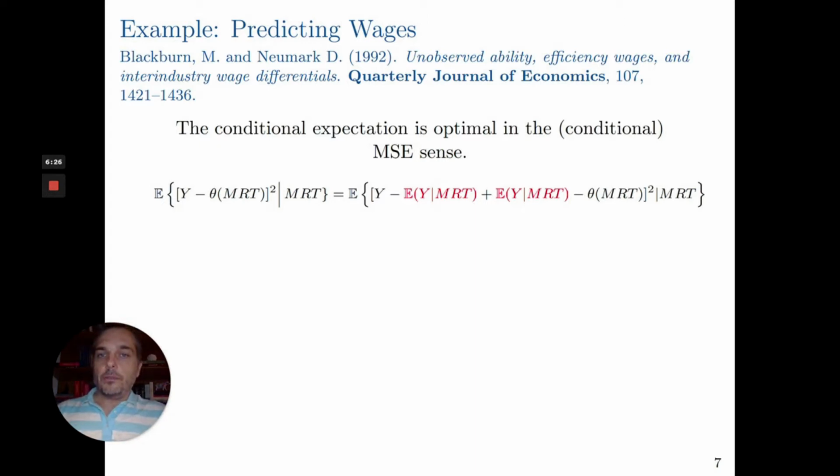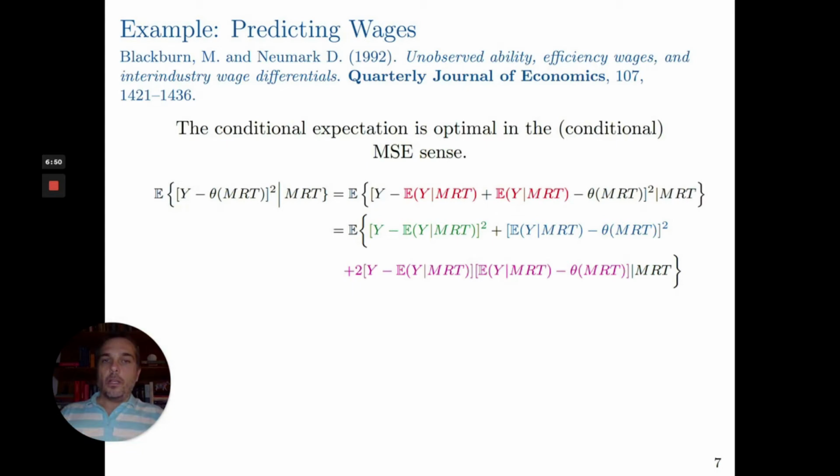So what we are going to do here is a trick of adding and subtracting a term. So we are going to add the conditional expectation of y given MRT, and we are going to subtract the conditional expectation of y given MRT. Okay? So therefore, we can combine terms.